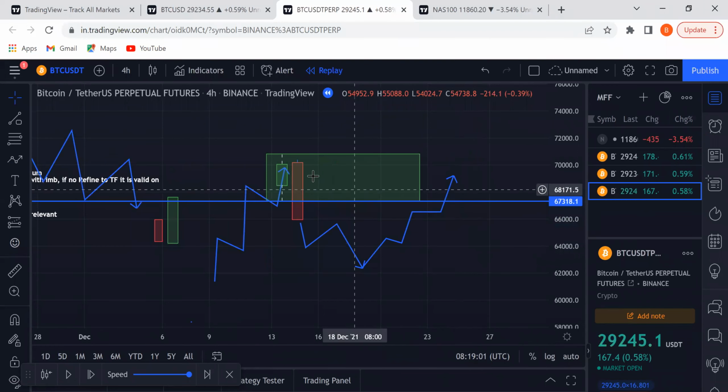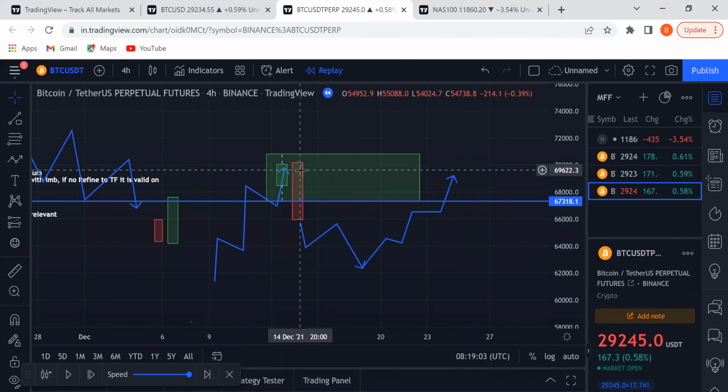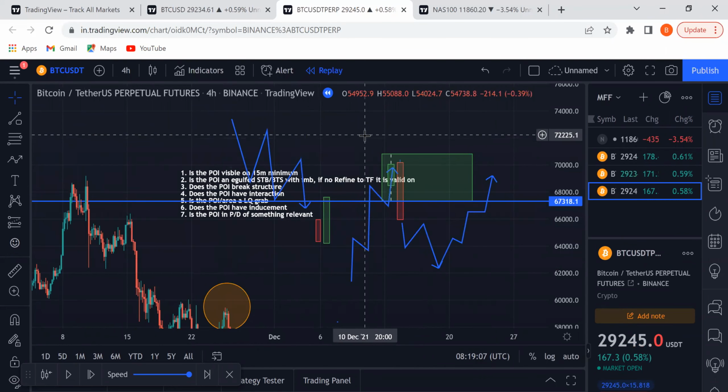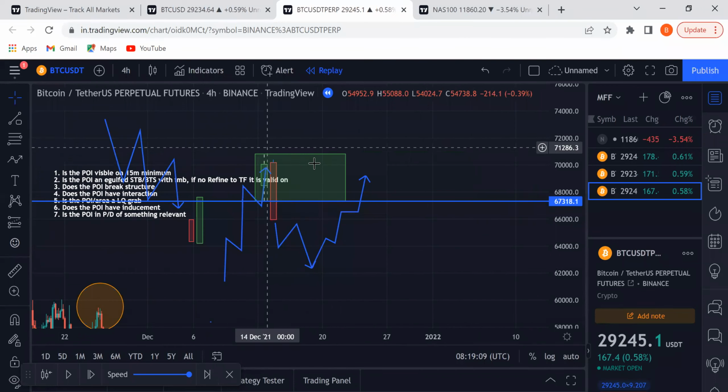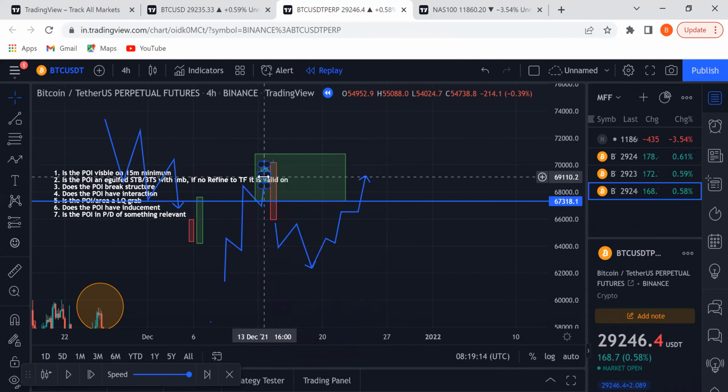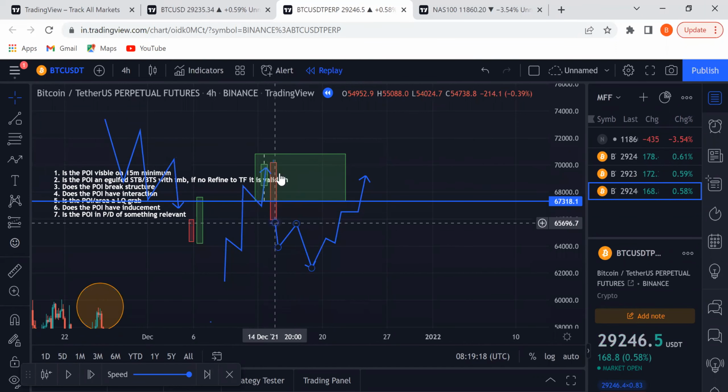You understand? So this is an engulf, how do they call it? An engulf STB, sorry, buy to sell candle now. This is the buy to sell candle and it's fully engulfed.